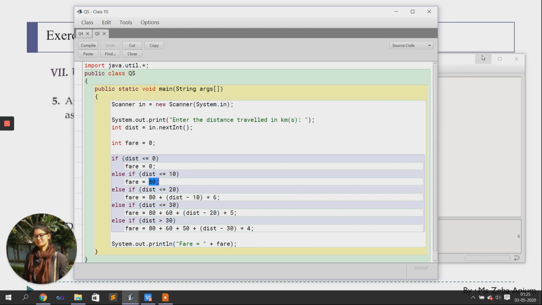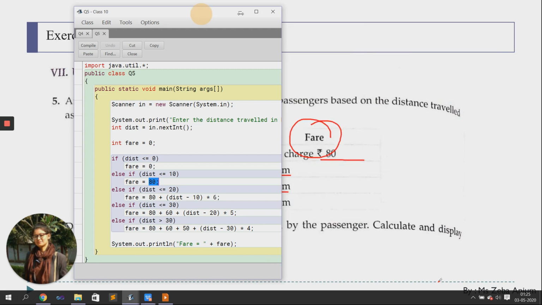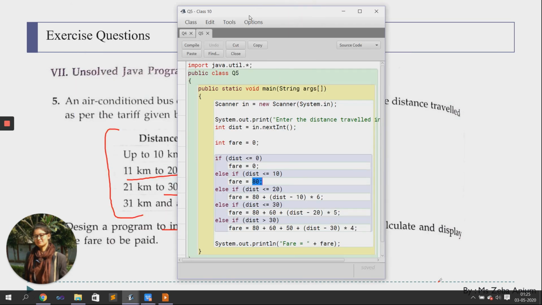Now students, try to understand here how we did it.